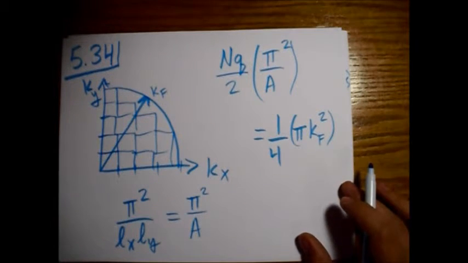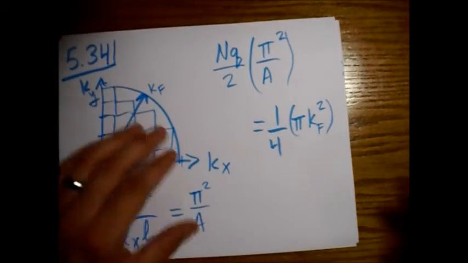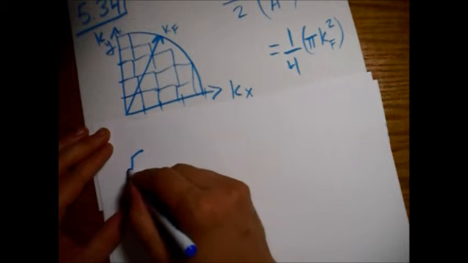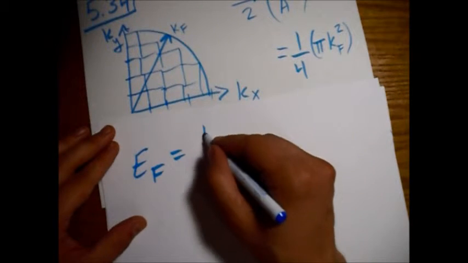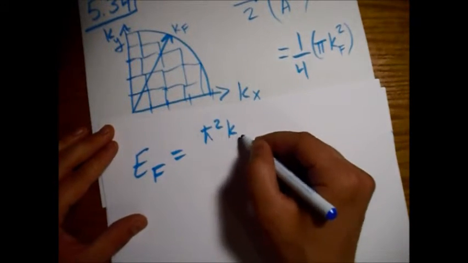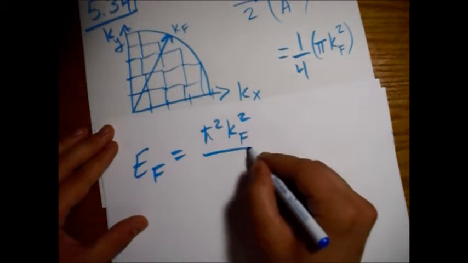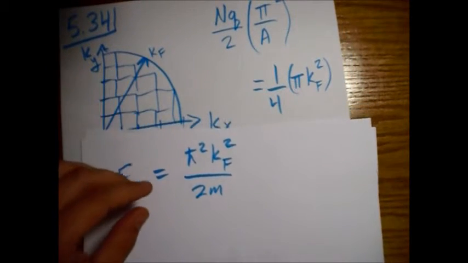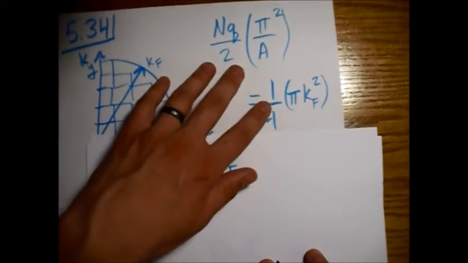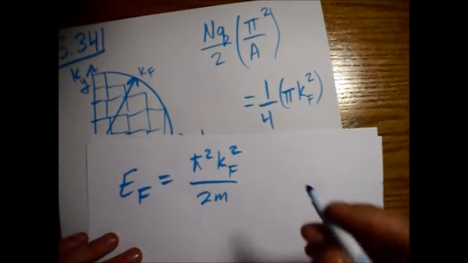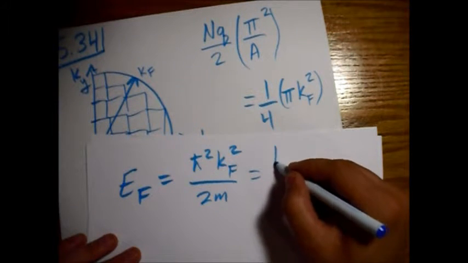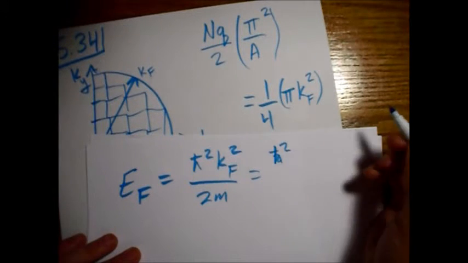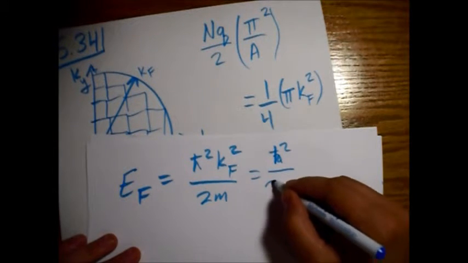Now to find the Fermi energy, it's h bar squared kF squared over 2m. So all we have to do is solve this for kF squared and plug it into this. So I get an h bar squared over 2m.